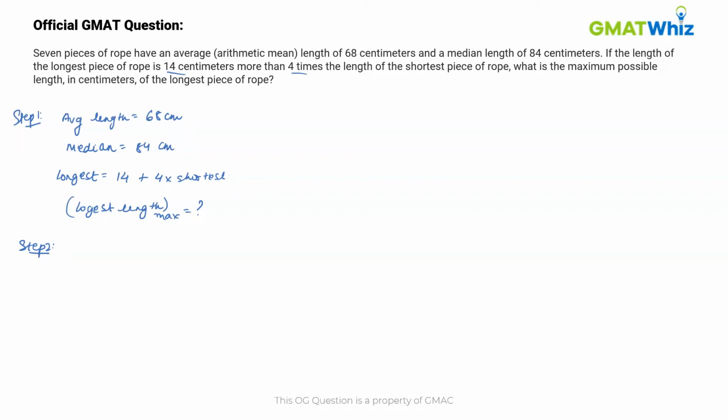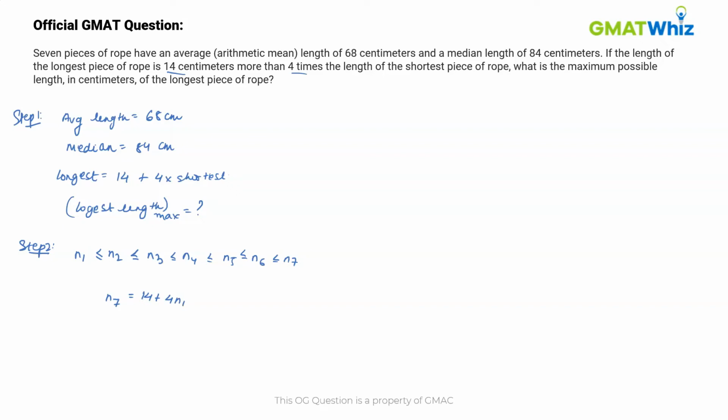Let's assume the 7 lengths to be n1 ≤ n2 ≤ n3 ≤ n4 ≤ n5 ≤ n6 ≤ n7. According to the given information, n7 should be equal to 14 plus 4 times n1, which is the shortest rope.